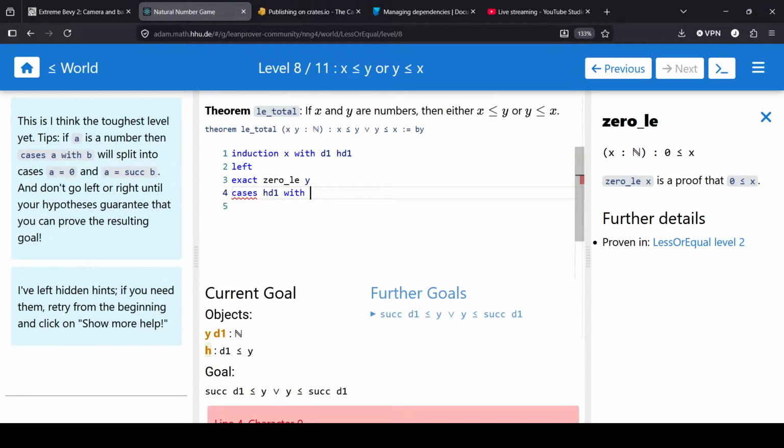Oh, what do I, how, I forget how cases works. I think it's like this, right?